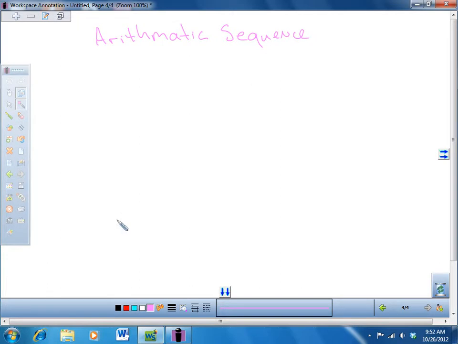We've been looking at sequences. So an arithmetic sequence is one that changes by addition or subtraction. That's all it is.